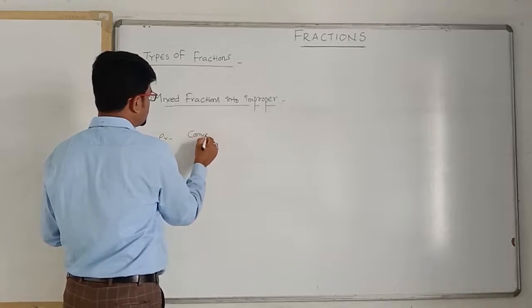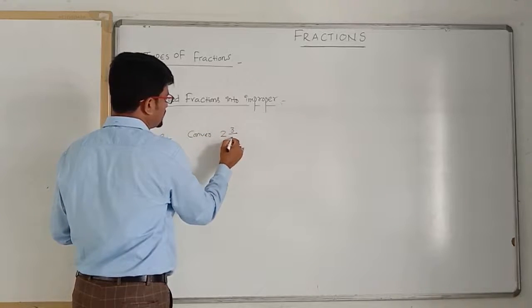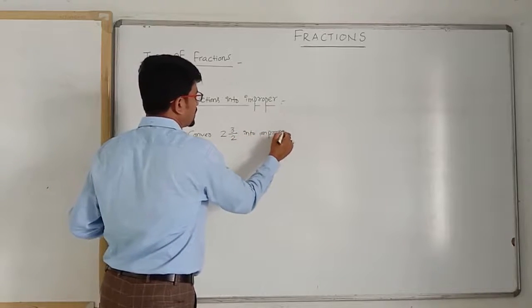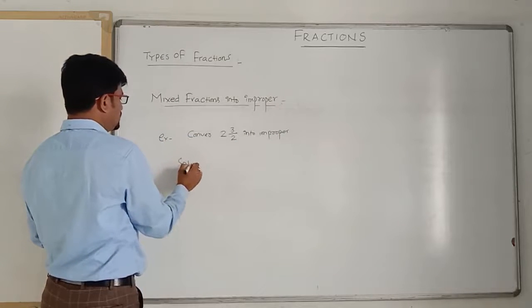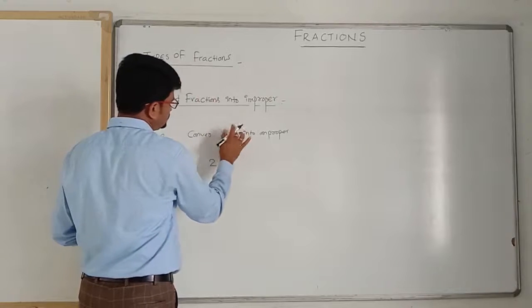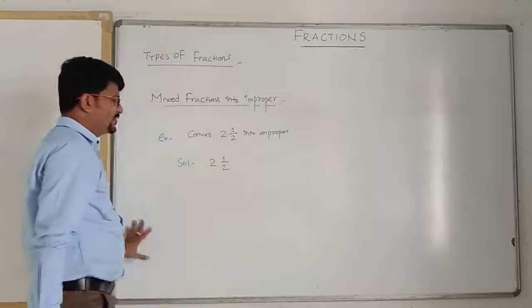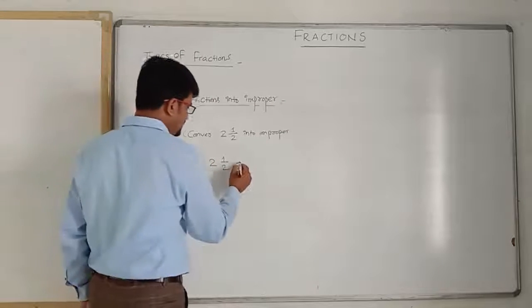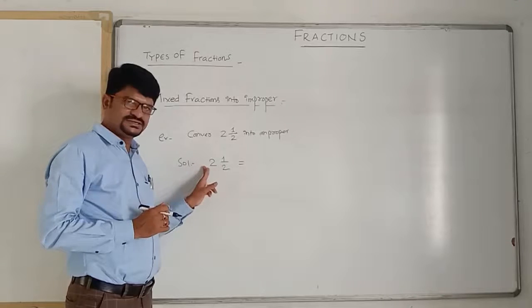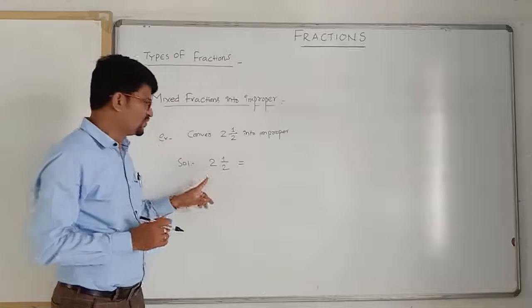Example: convert 2 and 1 by 2 into improper. Simply, the denominator should be multiplied with the whole number and then add the 1 to that result. 2 twos are how much? 4.